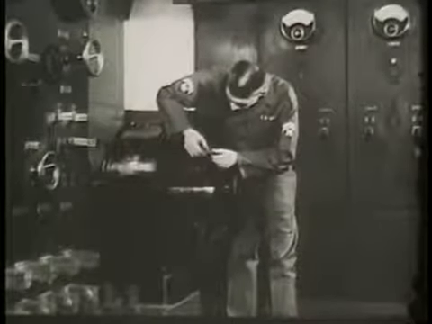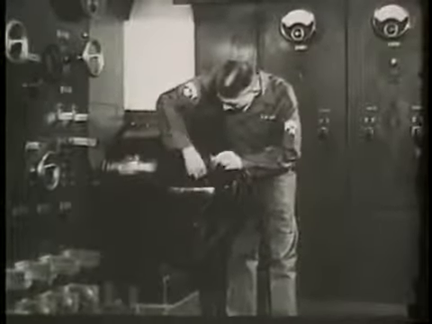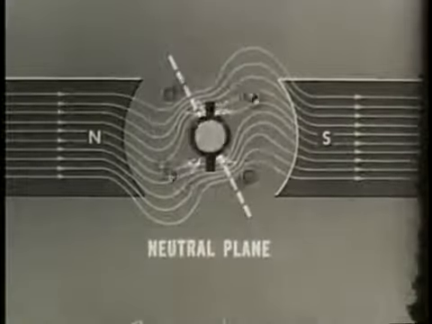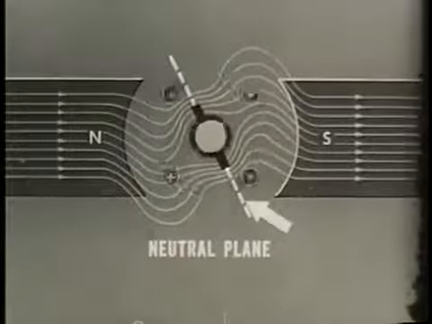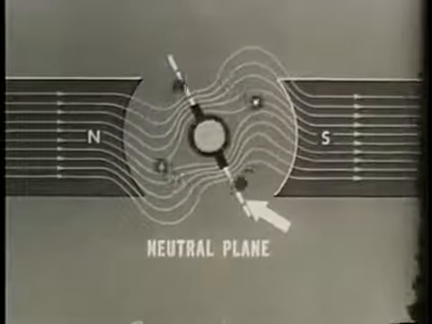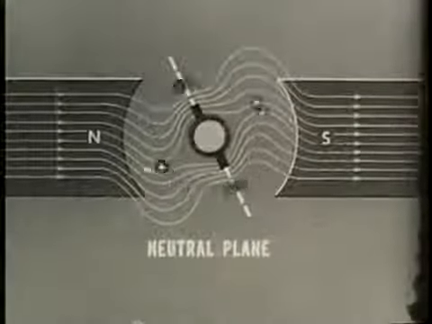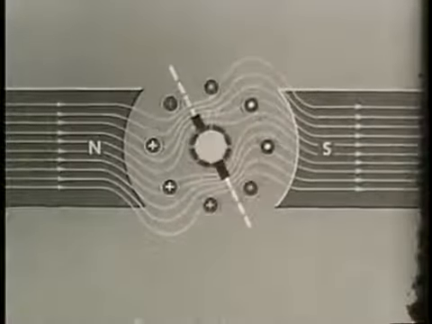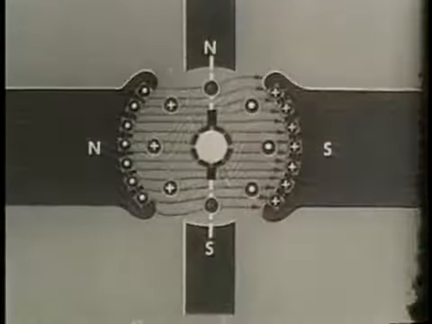One is by the adjustment of the brush position. The brushes are moved until they lie in the adjusted neutral plane. In the motor, as in the generator, small interpoles between the poles of the main magnets are also used to eliminate the shift of the neutral plane. These interpole fields tend to oppose the fields created by armature reaction.